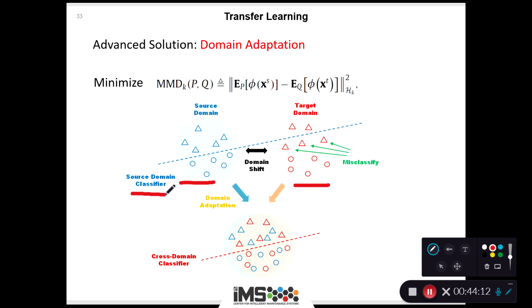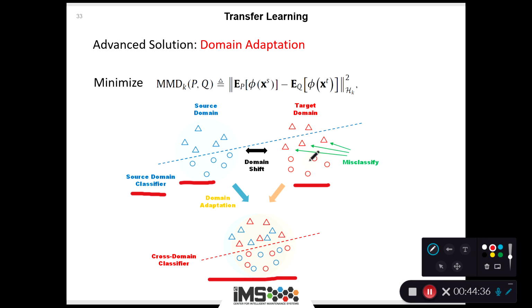So one intuitive idea is that now they are different, what if we draw them together in the same area? Then our classifier will definitely work. That is the idea of domain adaptation. That can be realized in the deep learning framework because deep learning is very suitable for representation learning.